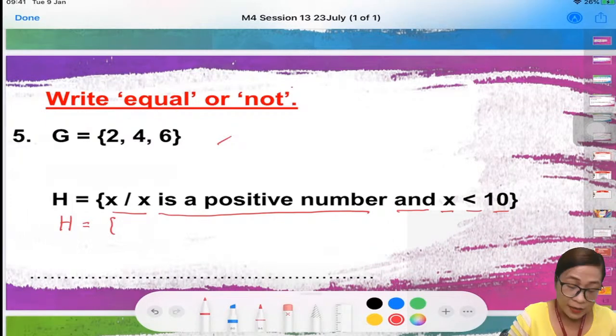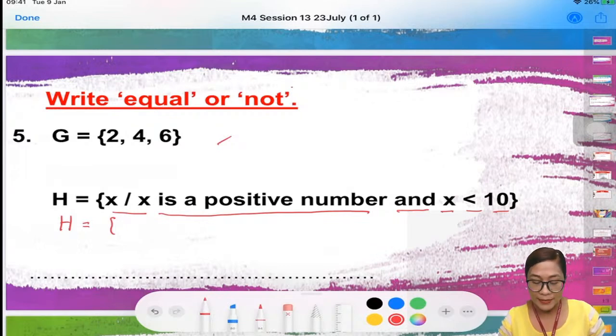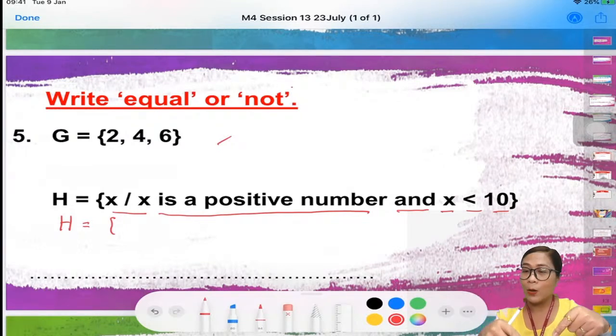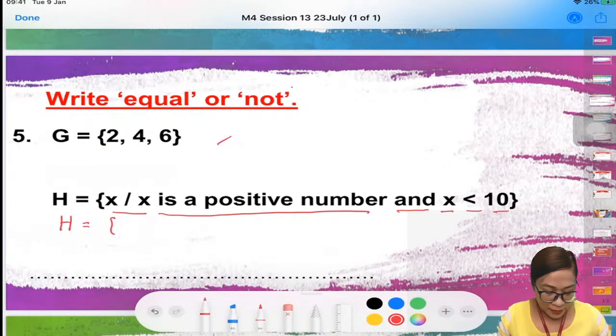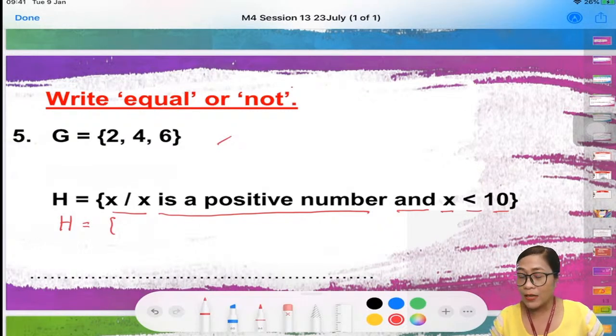Letter H, H is a set of, what are the positive numbers less than 10? Can you write down your answer in the comments below so I can see if you know the positive numbers which are less than 10? Let's hear from M4/1 and M4/2 maybe. I'll wait for you in a few seconds.